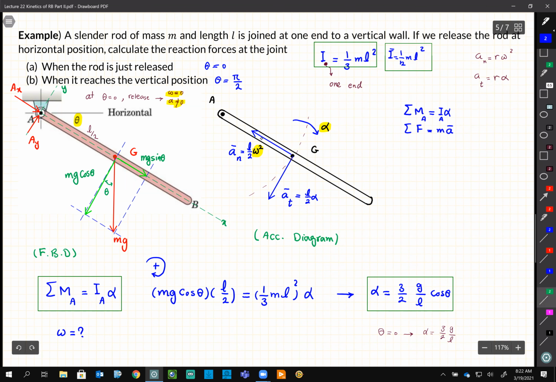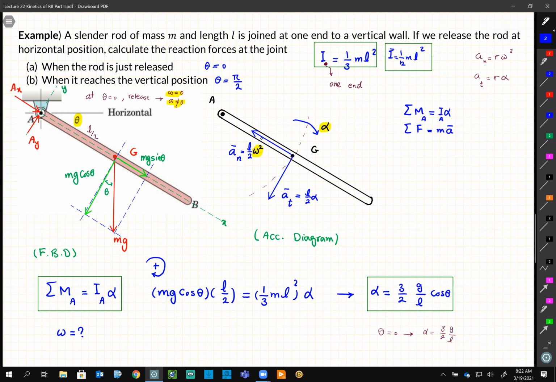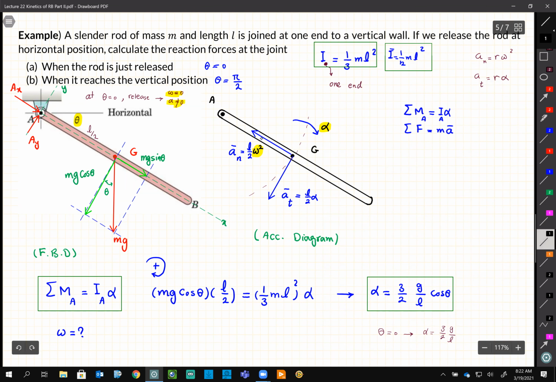It is in the opposite direction, and you need to be careful about that. So let me draw my coordinate again, just to remind ourselves what's going on here. This is our x, and this is our y coordinate, and we have to follow this positive direction that we choose.